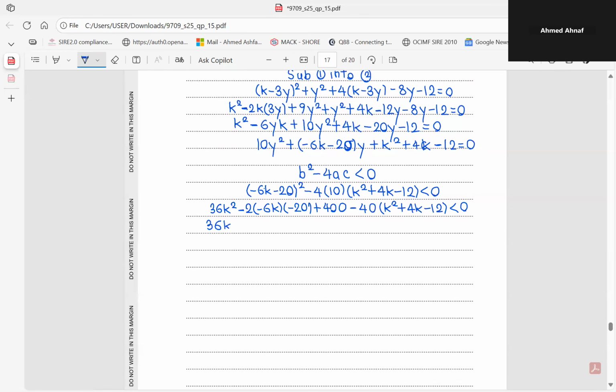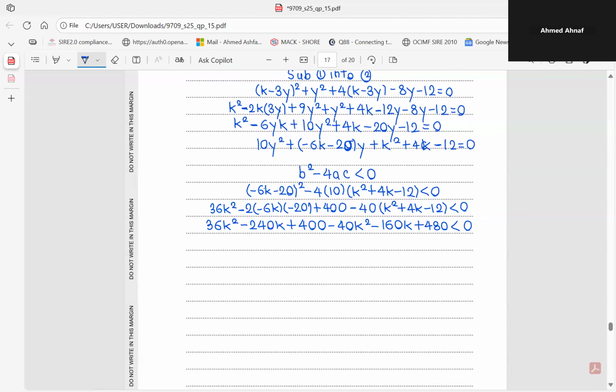Okay, now let's simplify everything. So 12 times negative 20, which is minus 240k, plus 400, minus 40k squared, minus 160k, minus 40 times minus 12, that is plus 480, less than 0.